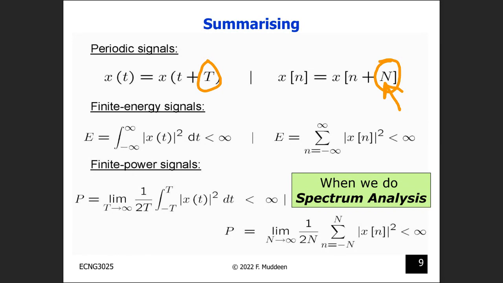And these two, finite energy and finite power signals, we'll talk a little more about when we start spectrum analysis in a couple of weeks' time. Essentially, as you would remember from some of your other courses, the energy in a signal is proportional to the square of the signal itself.